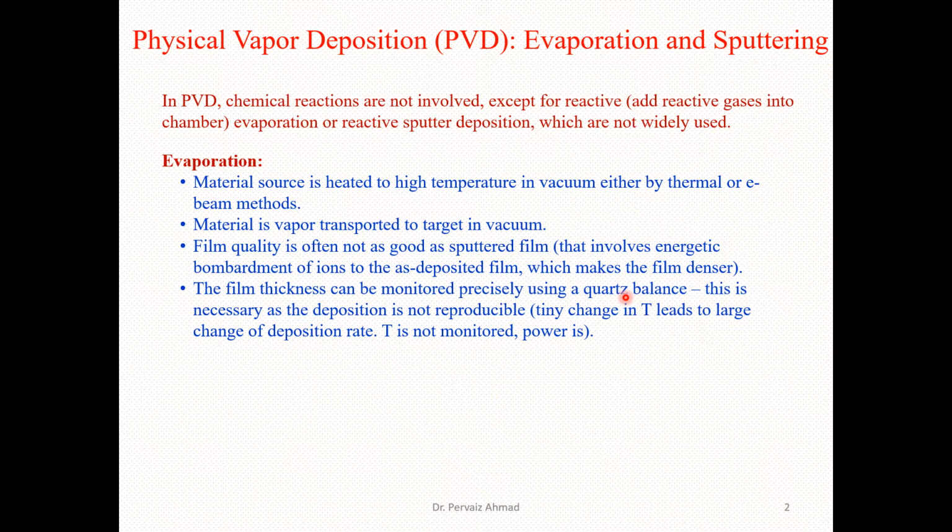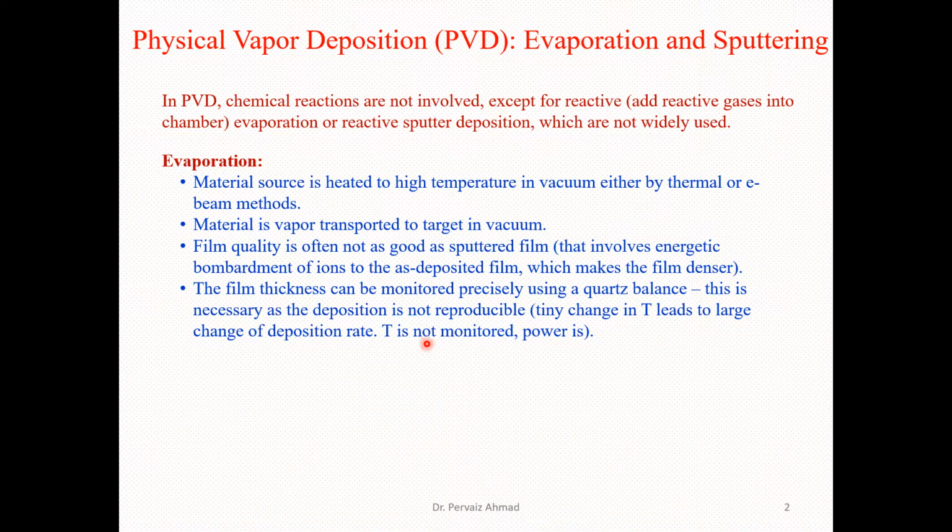So this is necessary. Why is this necessary? Because the deposition is not reproducible. Once you deposit the thin film, you cannot easily reproduce it. What does it mean? It means that a tiny change in the temperature leads to a large change in the deposition rate.